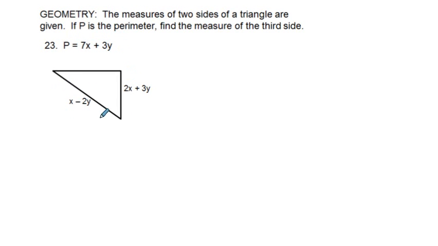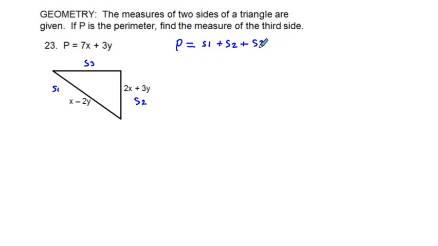I'm going to call this side here in the diagonal down below side 1. On the right, I'm going to call this side 2. And the unknown side up here we're trying to find, I'm going to put side 3 as S3. So our perimeter is going to be equal to side 1 plus side 2 plus side 3.